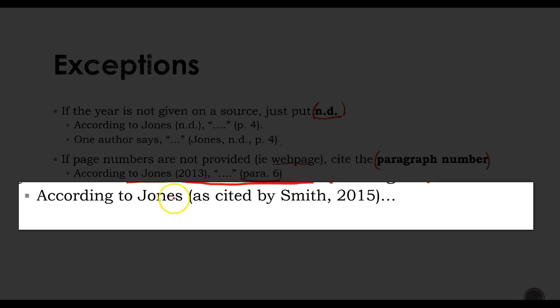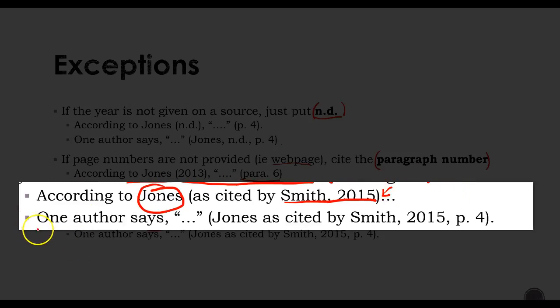You'd say, according to Jones, as cited by Smith, 2015. In this case, Jones was the original author who said something, Smith was the author where you got it from. So you put the year of the author where it came from. So we have Smith 2015, that'll be on our reference page. In Smith's article, he quotes Jones, but we want to use that quote by Jones, so we'd say, according to Jones, as cited by Smith 2015.